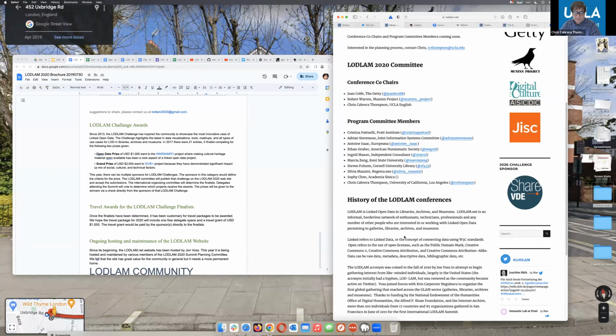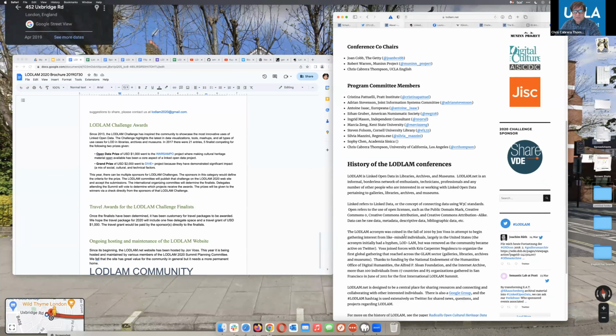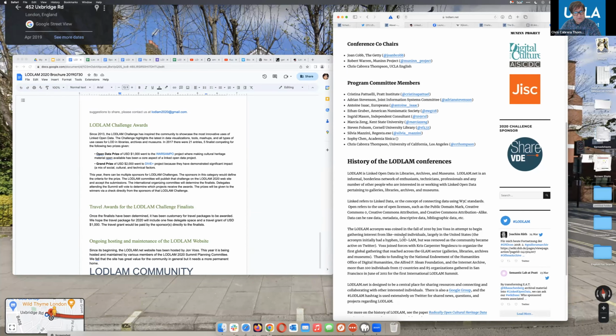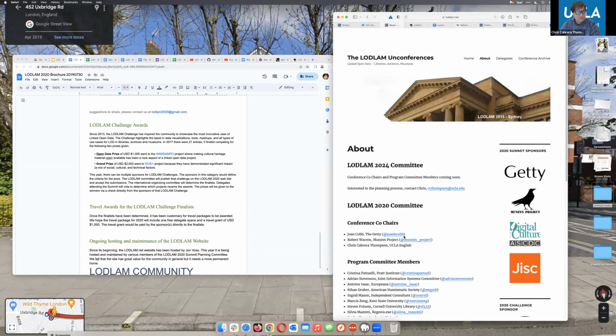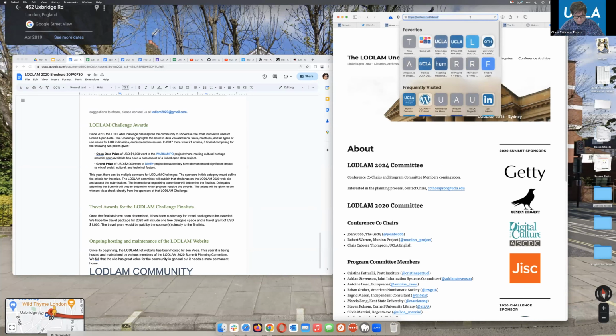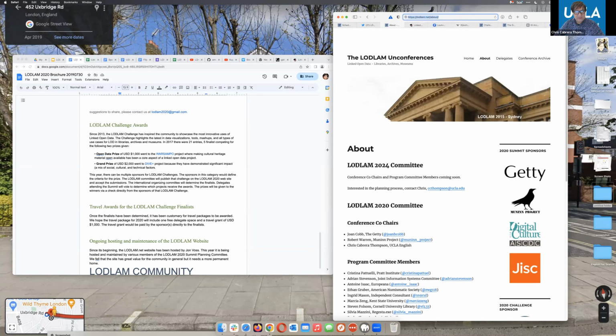It's changed quite a bit in the last few years, I'm sure, and it was started quite a while ago. And I'm going to point you over to the LODLAM website, which you can take a look at. Gives you more information about it.